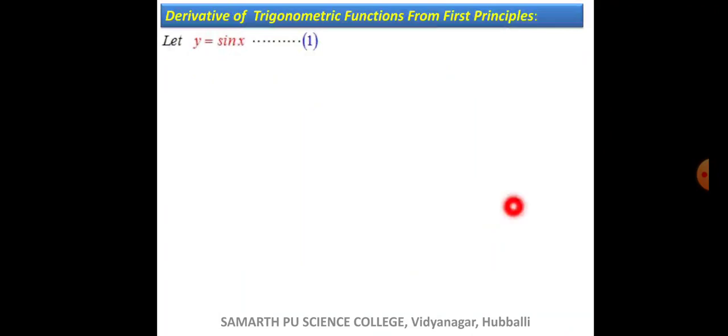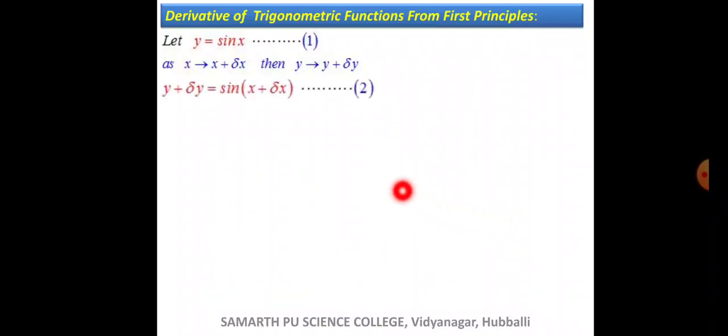Suppose y equal to sin x. We know that sin x is a trigonometric function, so y equal to sin x. Here also x changes to x plus delta x and y changes to y plus delta y. Then equation 1 becomes, on the LHS, y plus delta y, and on the RHS sin of x plus delta x.